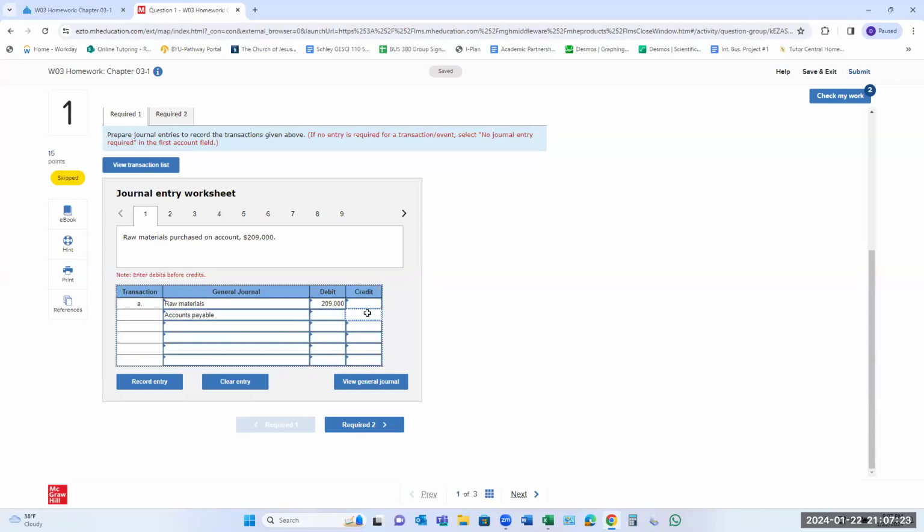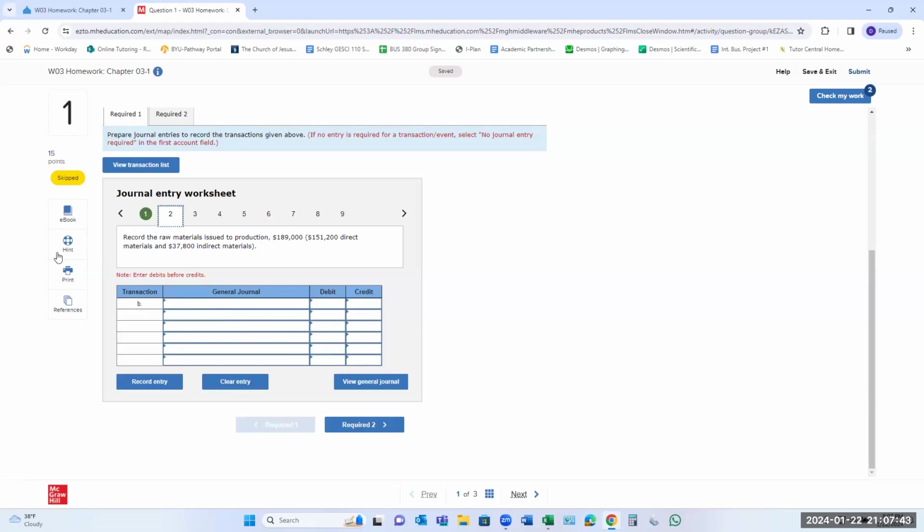Now watch when I enter this credit, it indents the accounts payable just like it's supposed to be in the general journal. So debits first, credits second. Purchasing materials on account only requires raw materials and accounts payable.